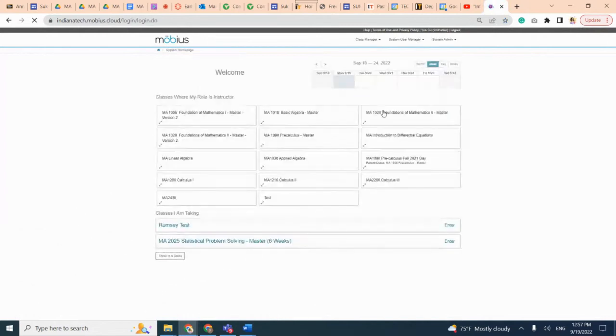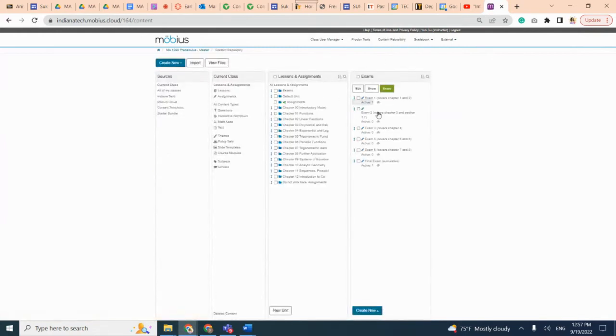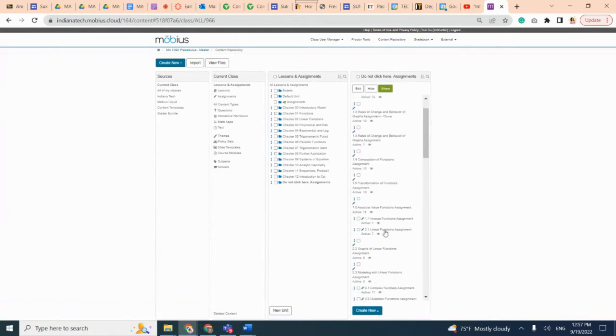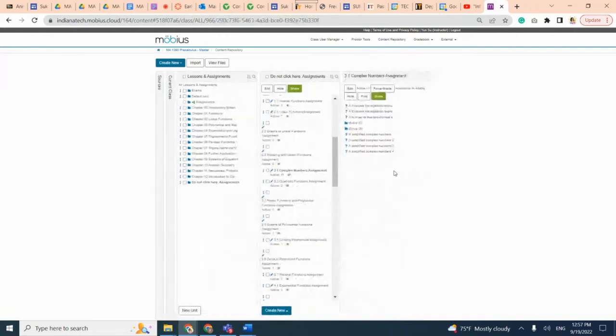So this is here, and content 1.4. No, 3.1, right? So 3.1. Okay.